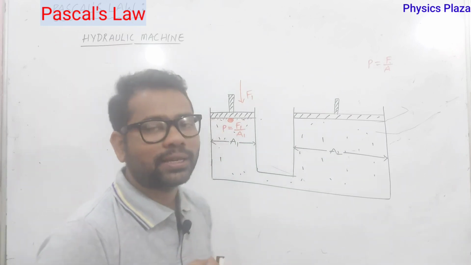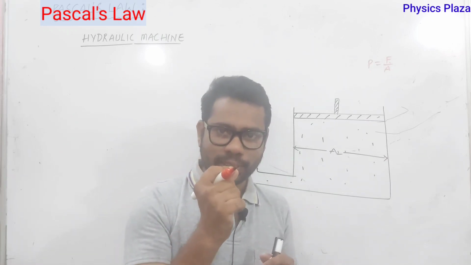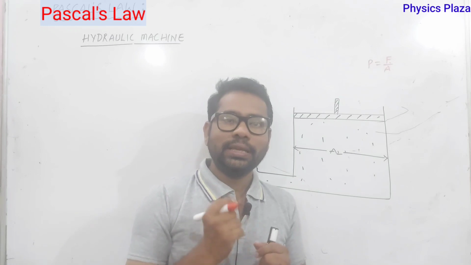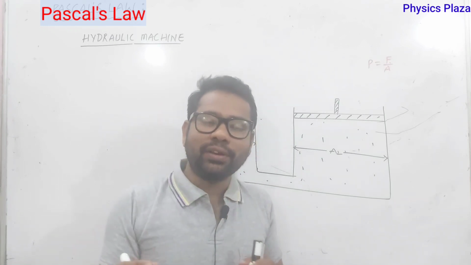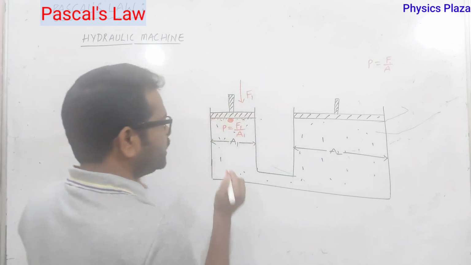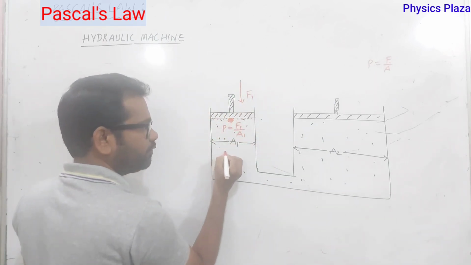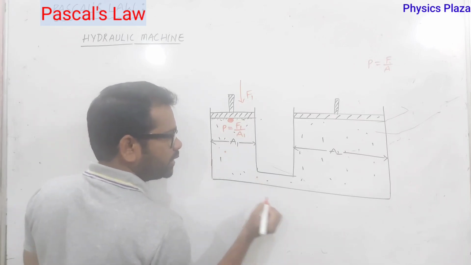According to Pascal's law, the pressure given is transmitted through the liquid in all directions and undiminished, meaning the same amount. Here the pressure is increased by F1 by A1, here also F1 by A1, here F1 by A1.